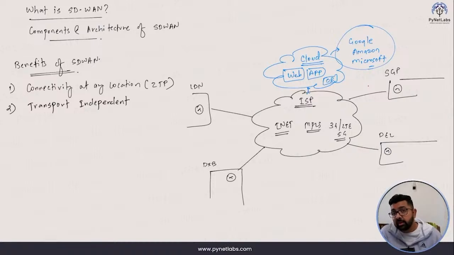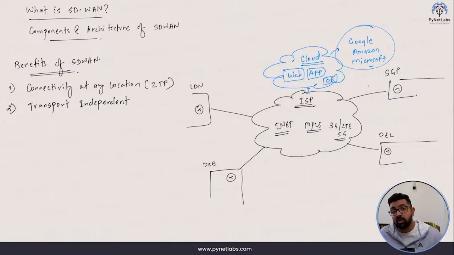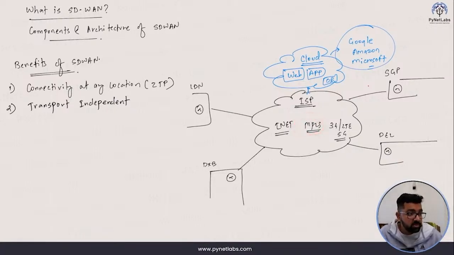You can now assure the same level of security and the same level of quality. If the underlay is performing well, then your communication over the public internet will also work in the most secure way possible, right? And it will also guarantee that all the traffic flowing between the branches using the public internet or commodity internet circuits will flow the same way that it would using premium circuits like MPLS. So you can use any type of transport in order to create your SD-WAN infrastructure.